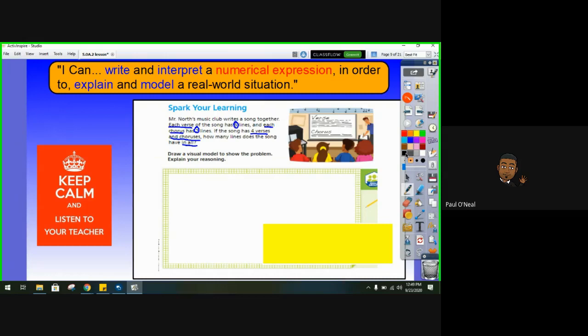Or draw a visual model to show the problem. Okay, I know that there's a music club, they're writing a song together. Each verse of the song has 6 lines. So what I could do is 1, 2, 3, 4, 5, 6. And with that, I could say, okay, 1 verse equals 6 lines.